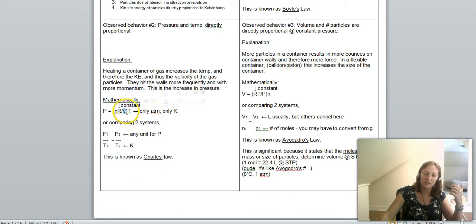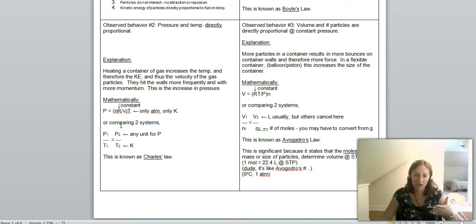The volume is staying the same because you're holding volume constant in order to observe this. So n and R and V all cancel out, so all you've got left is T, and so you move T over, that's P1 over T1. And also what Charles actually observed is that pressure over temperature for a single system is constant. So again, this is really P1 over T1 equals a constant equals P2 over T2.